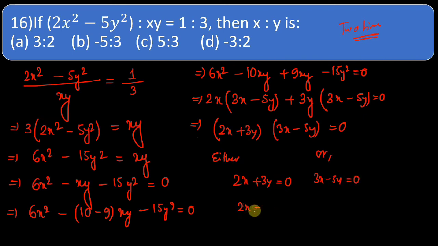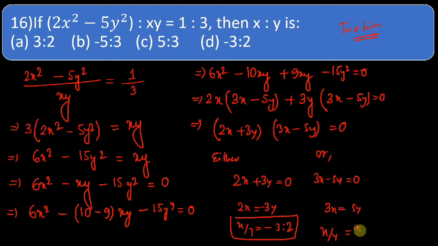So 2x can be written as minus 3y. So x by y can be written as minus 3 is to 2. One answer is this one, another answer is 3x is equal to 5y. So x by y is 5 is to 3. As we all know, a ratio never comes in the form of negative. So the correct answer of this one will be the positive one.